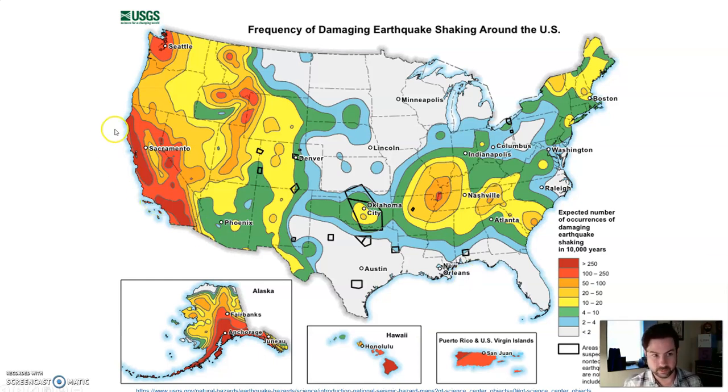So the dark red, again California, no surprise there, indicates that there are over 250 expected occurrences of damaging earthquakes in 10,000 years. So that's about one every 40 or 50 years that is going to be really damaging. So somewhat common as you get further down that scale.